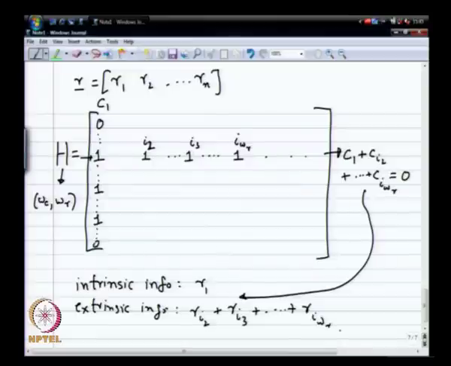The intrinsic information gives me one estimate for C1, which is R1 itself. The first parity check I am looking at gives me one more estimate for the same bit C1. It is telling me C1 can also be equal to RI2 plus RI3 plus so on till RIWR. Remember C1 was equal to R1 with probability 1 minus P. What is the corresponding probability here? With what probability will C1 be equal to this estimate?